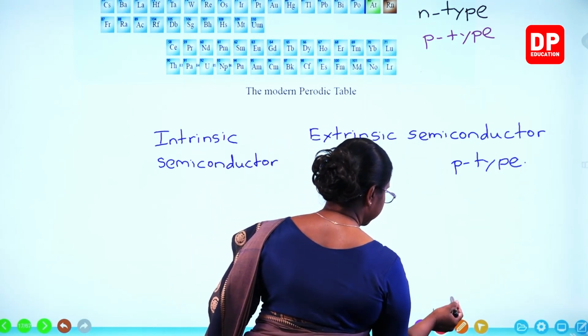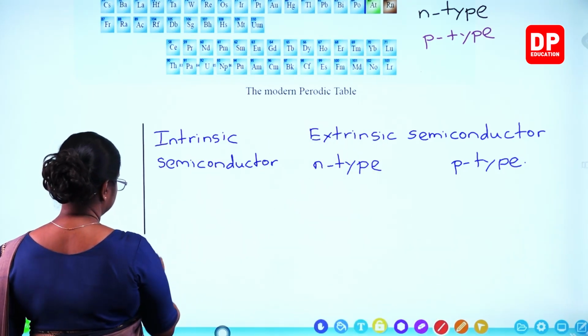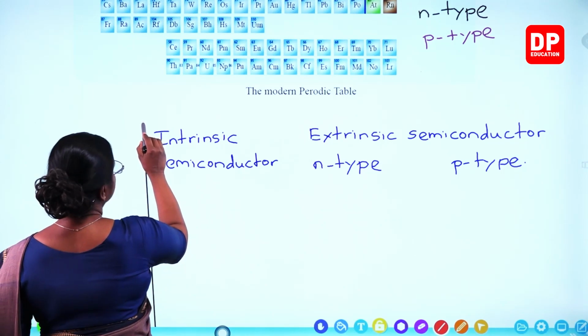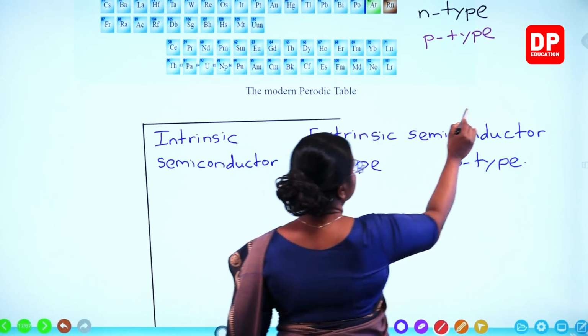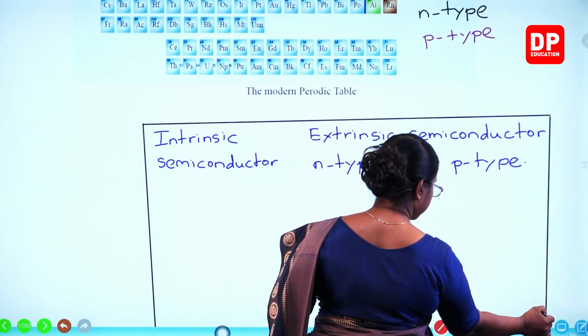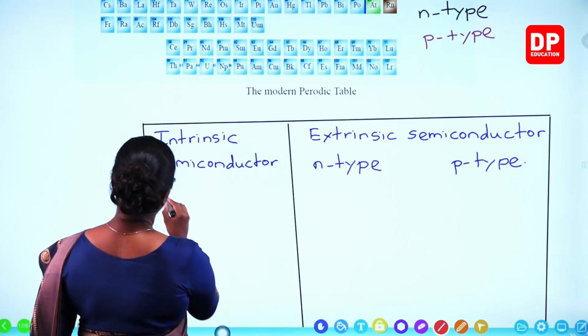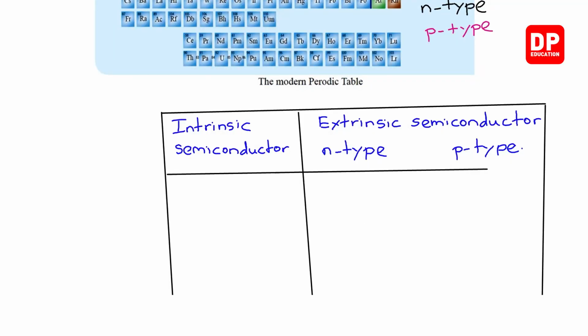So in this, here we have, if you put it like that.